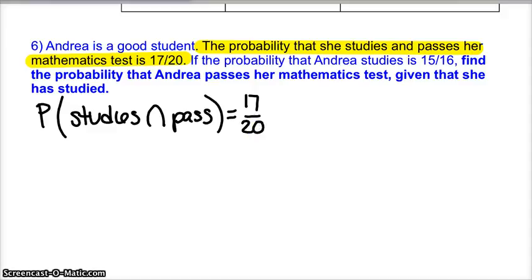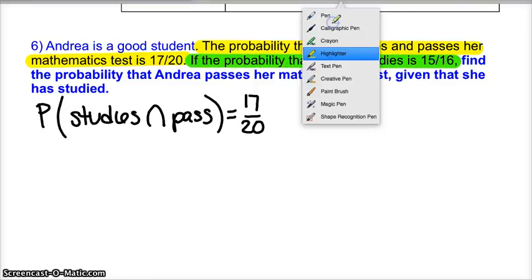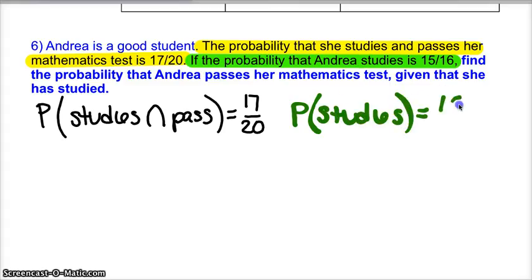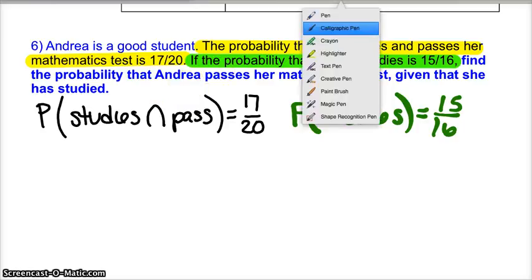So there's one sentence. Then it goes on to say, if the probability that Andrea studies is 15 out of 16, so the probability that she studies equals 15 out of 16. It says, find the probability that Andrea passes her mathematics test given that she studied.